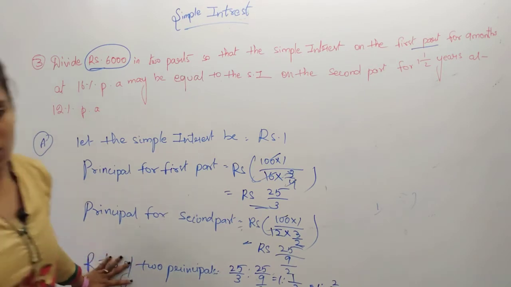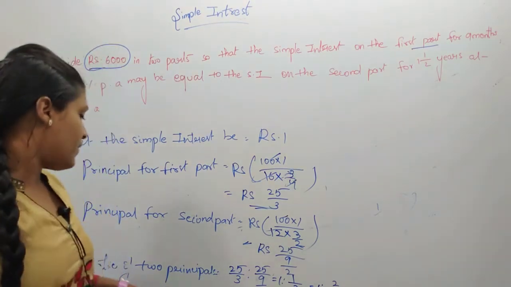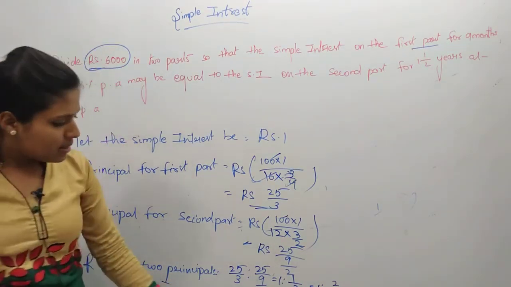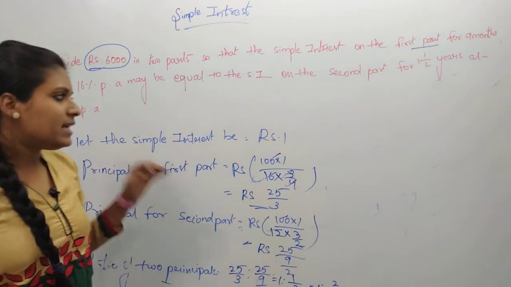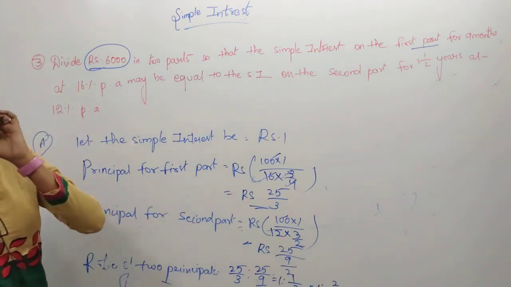We have to solve the next question. In the same way, the ratio of two principals is this one. By going a little deeper, we can also find out the cost of the first part and the second part.